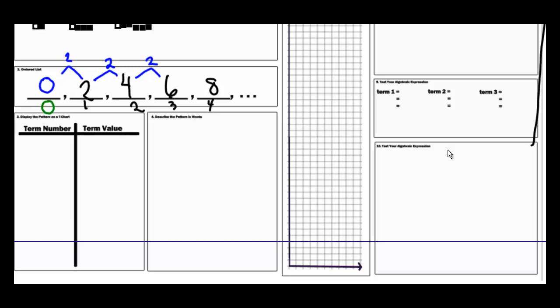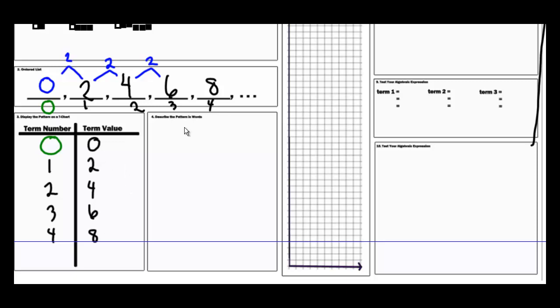So we're going to start with our 0, and then we are going to go with our first term, second term, third term, fourth term. And then we just copy in our values from our list, and we ended up with 0. Then we have 2 blocks, 4 blocks, 6 blocks, 8 blocks.